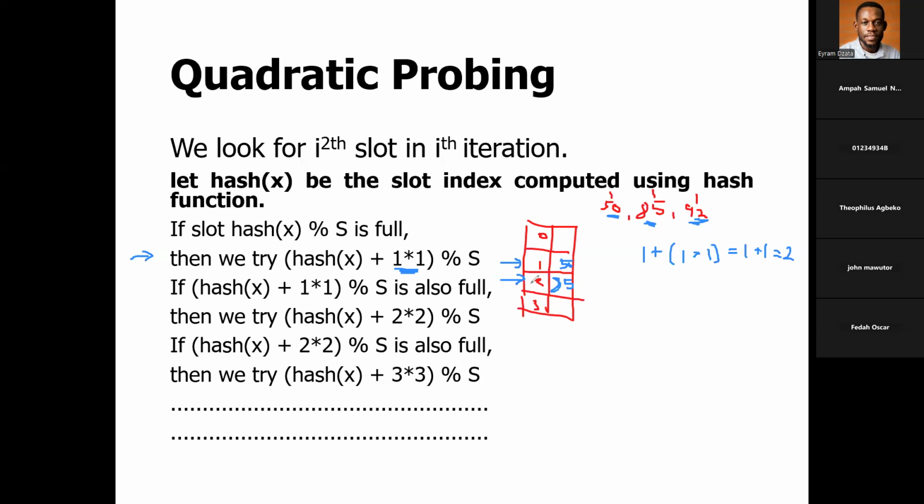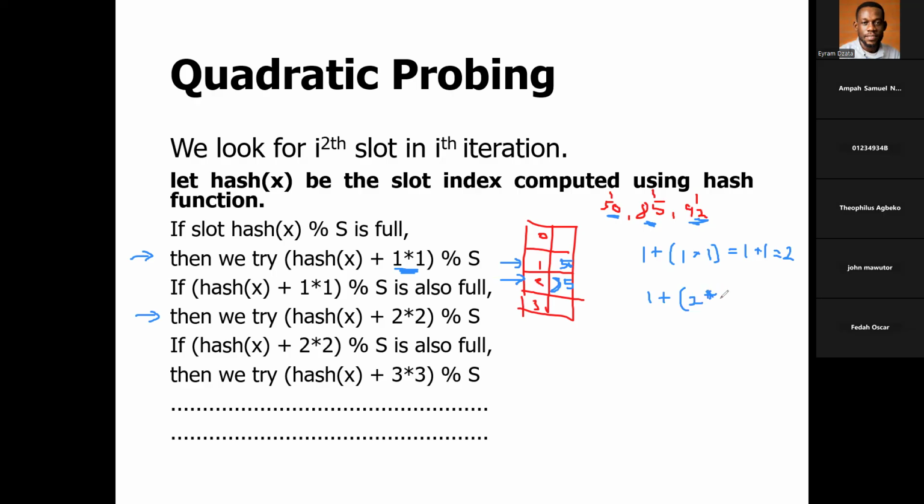That is also full, occupied by 85. Then we move to the next approach, which says that we should do 2 squared.